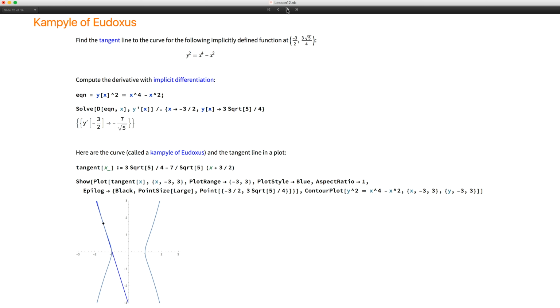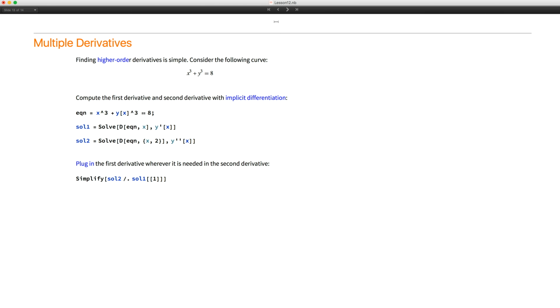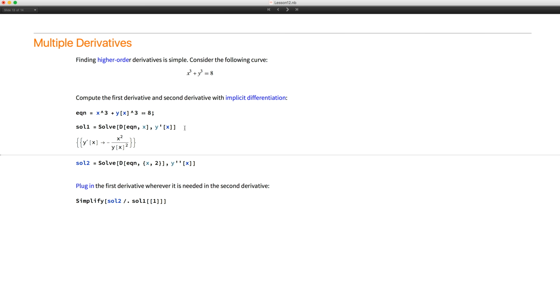So, having talked about derivatives, let's now spend just a few minutes talking about multiple derivatives. So here's an equation. You want to work out not just the first derivative, but also the second derivative with implicit differentiation. So you write the equation down, replace y by y of x, solve and find the derivative.